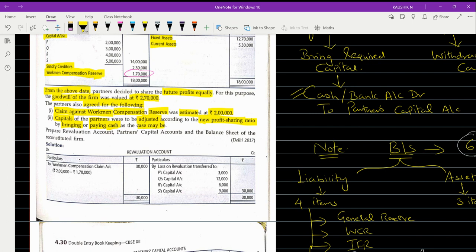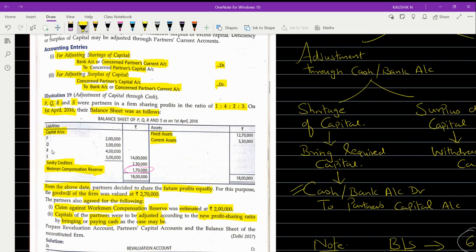So what are the indicators to understand that it's a case of cash and a case of adjustment of capital? You will have the word adjusted, and you will have the words by bringing in or by paying cash.